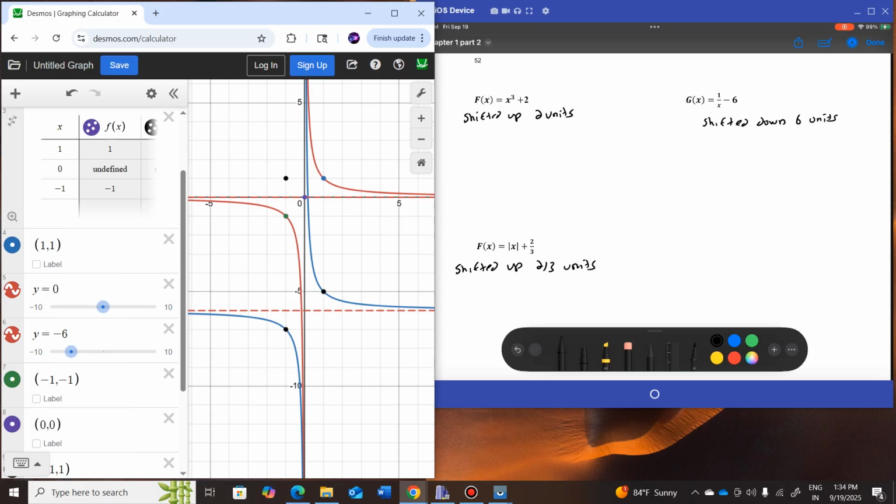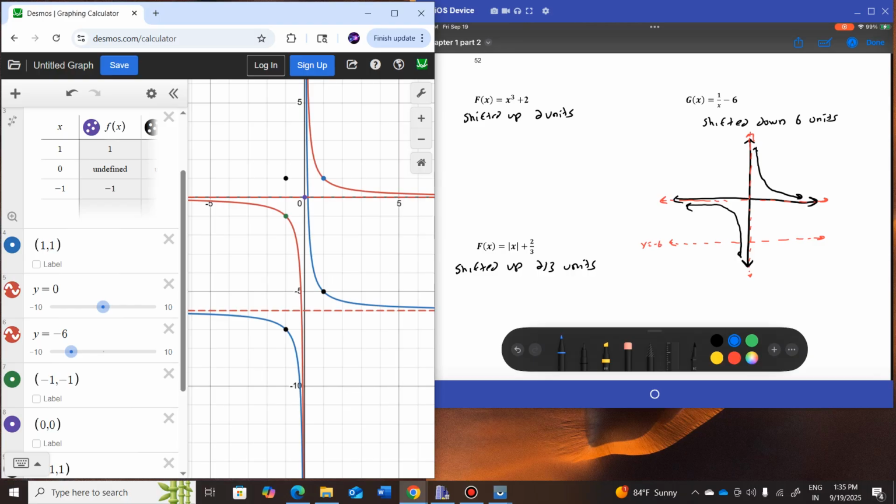Right, so it's getting kind of messy on the Desmos with everything, so I'm going to graph it real quick on here. So again, the original asymptote is here and here. Original graph looks like this. And then at -6, the asymptote has moved down.